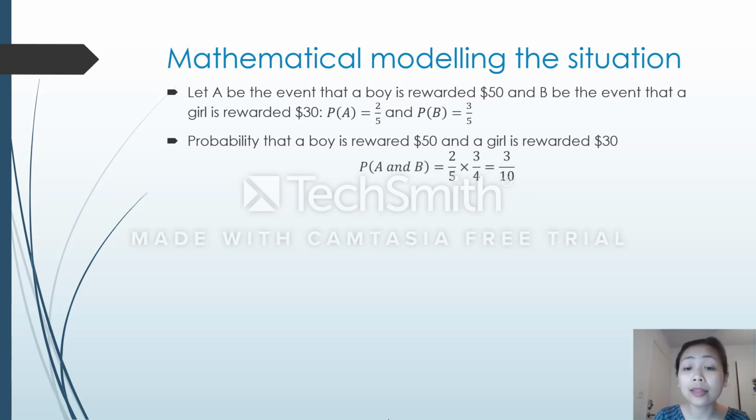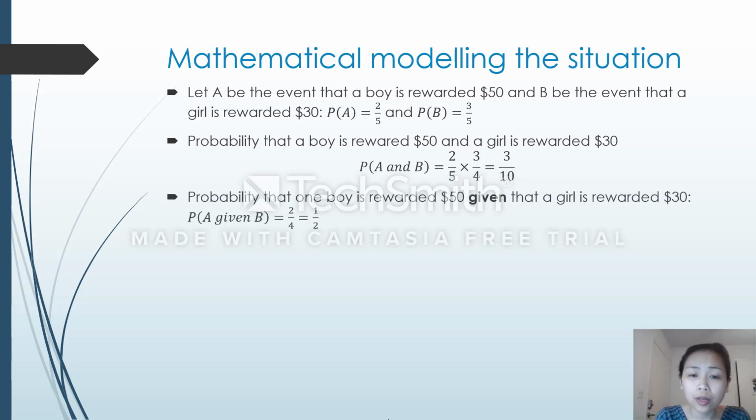Probability of A and B in this situation is 2/5 times 3/4 because the probability of getting a boy out of a group of 2 boys and 3 girls is 2/5. Then after 1 boy is already selected, we have 1 boy and 3 girls left. So in a group of 1 boy and 3 girls, the probability of getting a girl is 3 out of 4. So the answer is 2/5 times 3/4, which is 3/10.